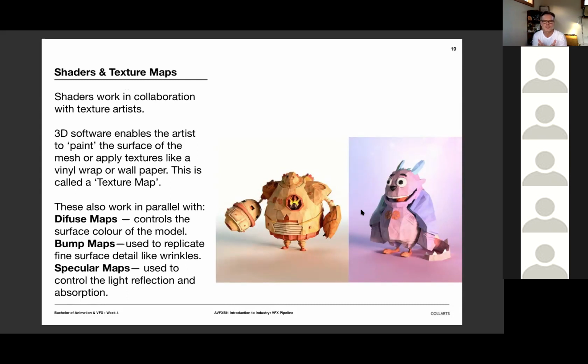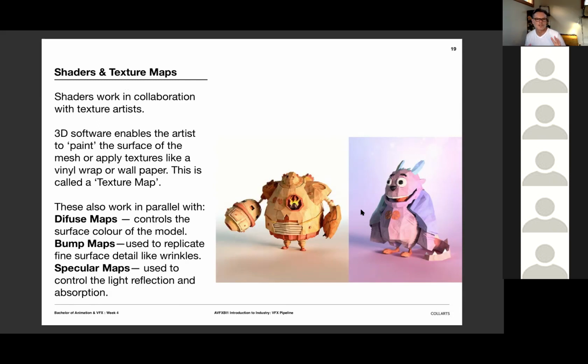But texture artists tend to come from a background of people who can use more illustrative skills and would be much more comfortable in a traditional art environment, where they're creating textures that might represent materials like wood or glass or metal or rust, etc. They use the software for painting onto the surface of a mesh and applying textures like a vinyl wrap on a car, for instance, or a wallpaper. That's what we call the texture map.